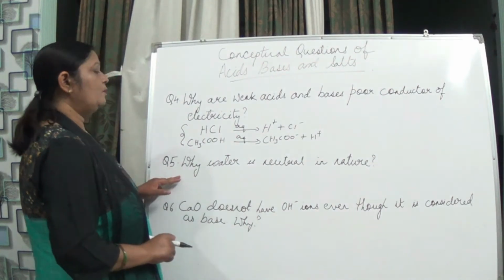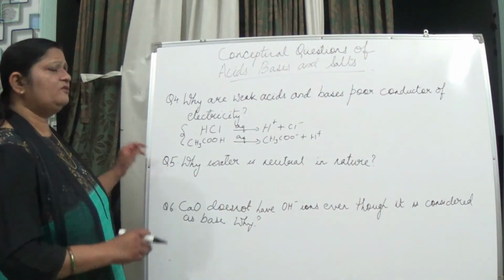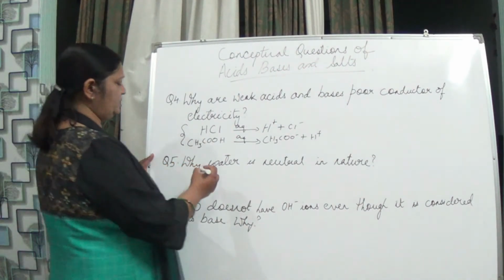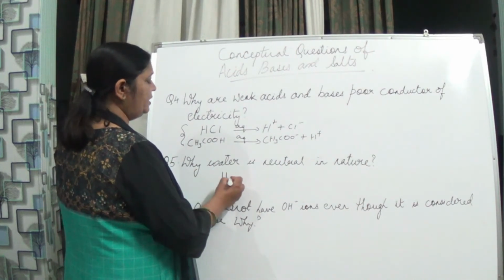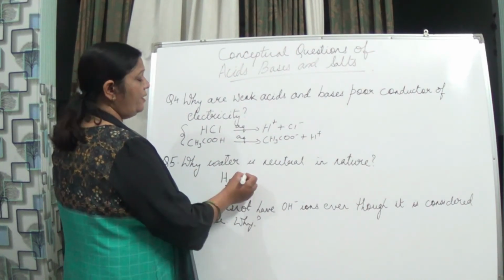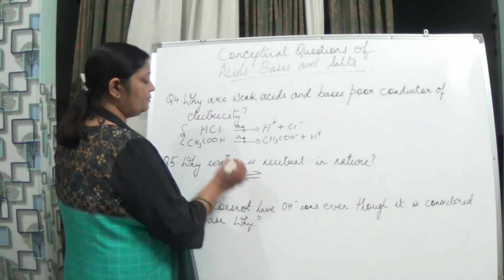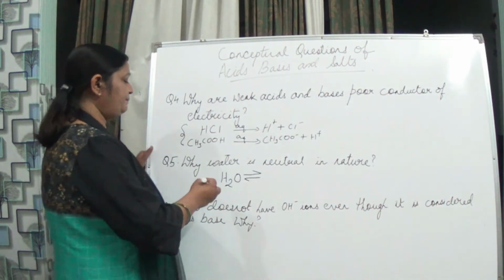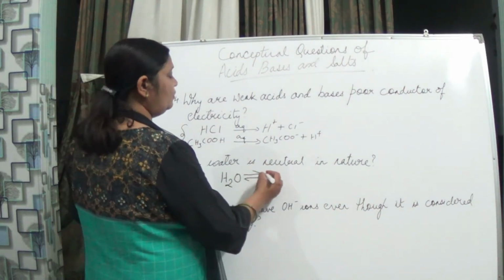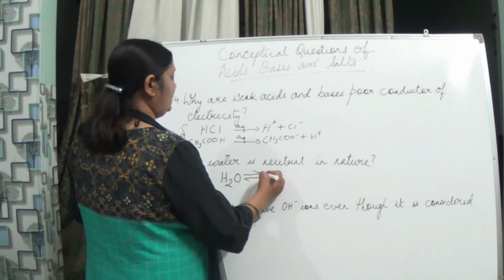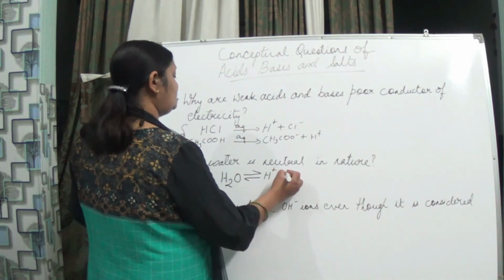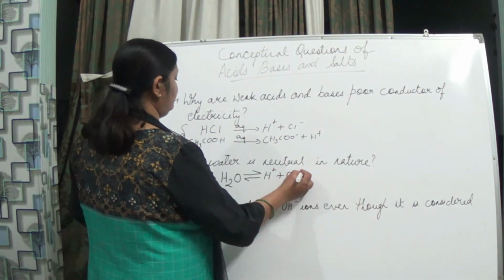Okay. Now, why is water neutral in nature? Let us see the formula of water. It is H2O. This water is partially ionized into H+ plus OH- ions.